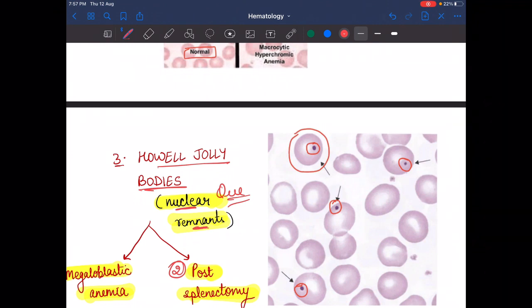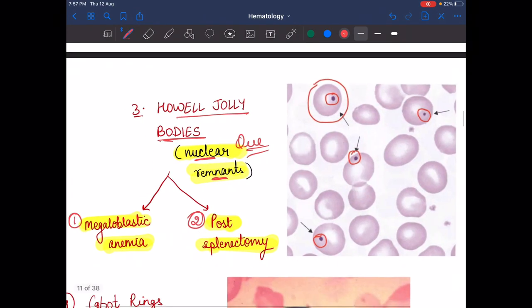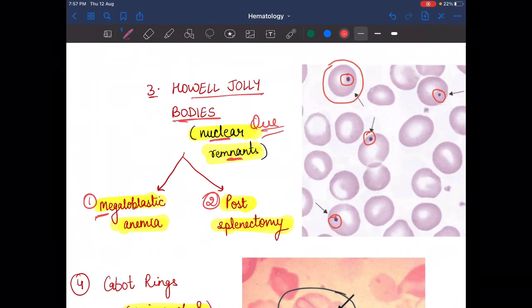So this is the question: Howell-Jolly bodies consist of nuclear remnants. These are the Howell-Jolly bodies as we see in this peripheral smear, and they are present in two conditions: megaloblastic anemia and post-splenectomy.